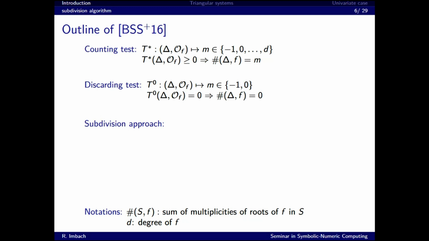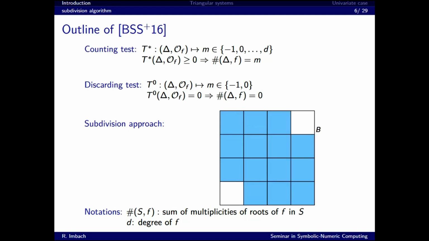And then we interleave these two tests in a subdivision approach. So for the initial region of interest B, we have a list of subboxes that may contain roots. We first quadrisect each subbox, and then for each subbox we apply the discarding test in a containing disk of the box.